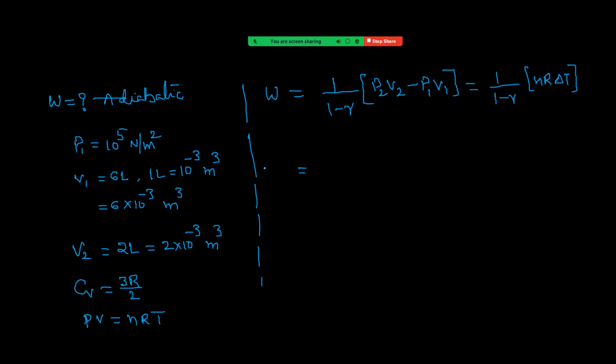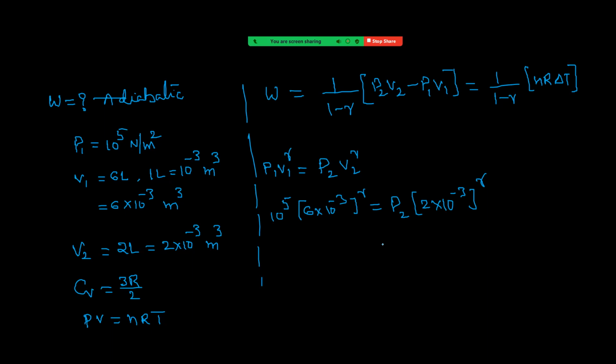Okay, let us take P1 V1 power gamma equal to P2 V2 power gamma. P1 is 10 power 5, V1 is 6 10 power minus 3, whole power gamma, that is equal to P2, which we have to calculate, times V2, 2 10 power minus 3, whole power gamma.